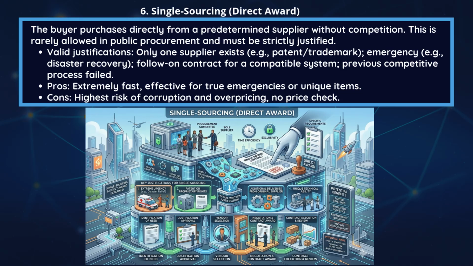For single sourcing, there is one supplier in the market, or there is an emergency situation like a flood disaster or something else that needs a direct or single source, and the open tendering process is not applicable.